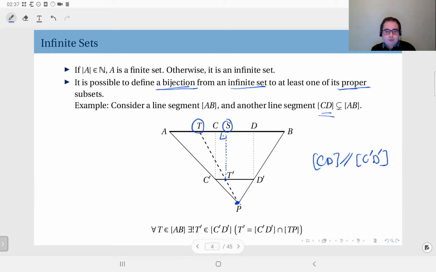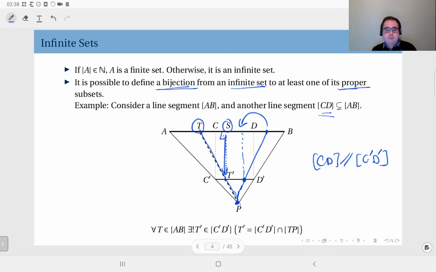If you give me point S, I can go like this to T prime and then combine it with P, obtain point T. Now, if you give me this point here, combine it with P, so this is the intersection and this is going to be the point that is mapped to this point. Okay, you see any point given on AB maps to a distinct point in CD.